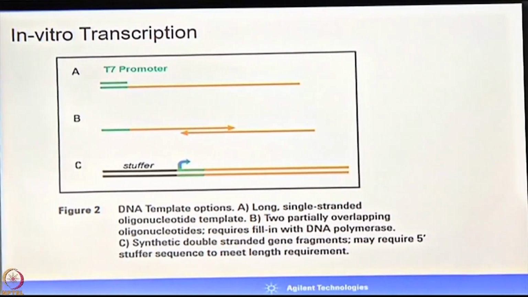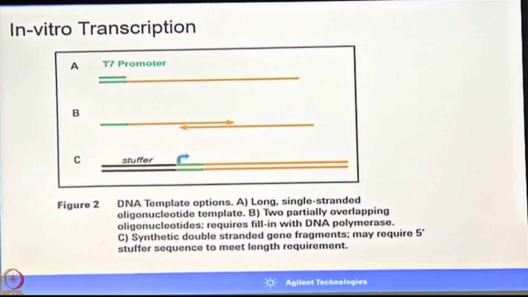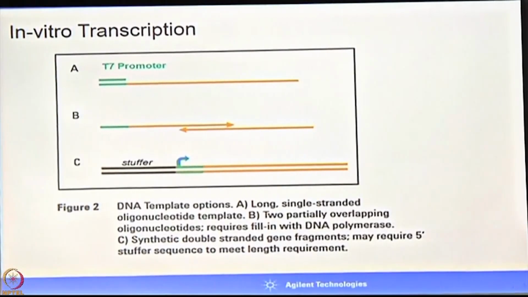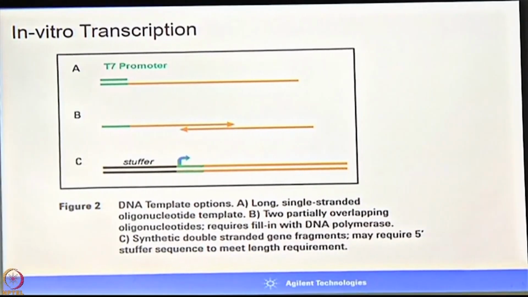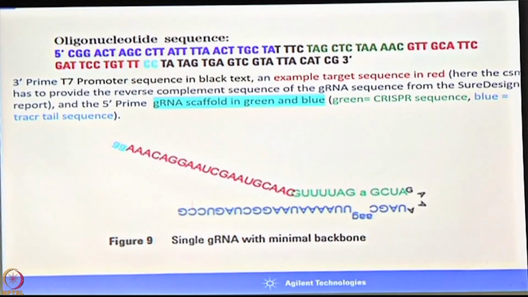Just add the T7 promoter on that, right? If you add the T7 promoter and use the kits, which have the T7 primers, go for in vitro transcription to make a guide RNA. In vitro transcription makes a guide RNA which is reverse complementary to the target. So this is the kind of guide RNA.